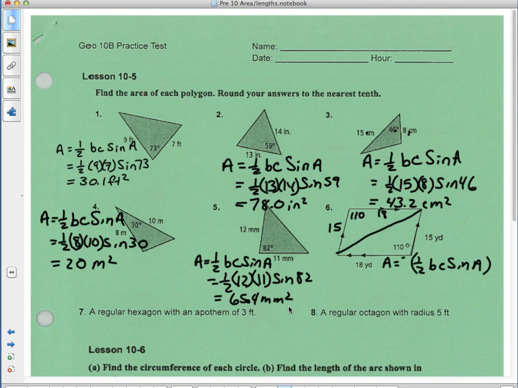I multiply that by 2 for 2 triangles. So in this parallelogram, BC sine of A will work. So I've got 18 times 15 times the sine of 110. I pop that in my calculator and I find out I have 253.7 yards, and that's squared.